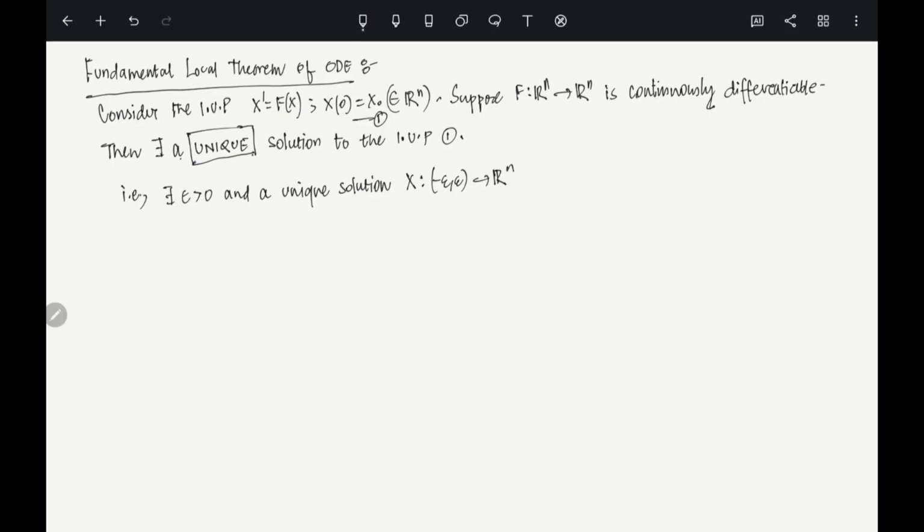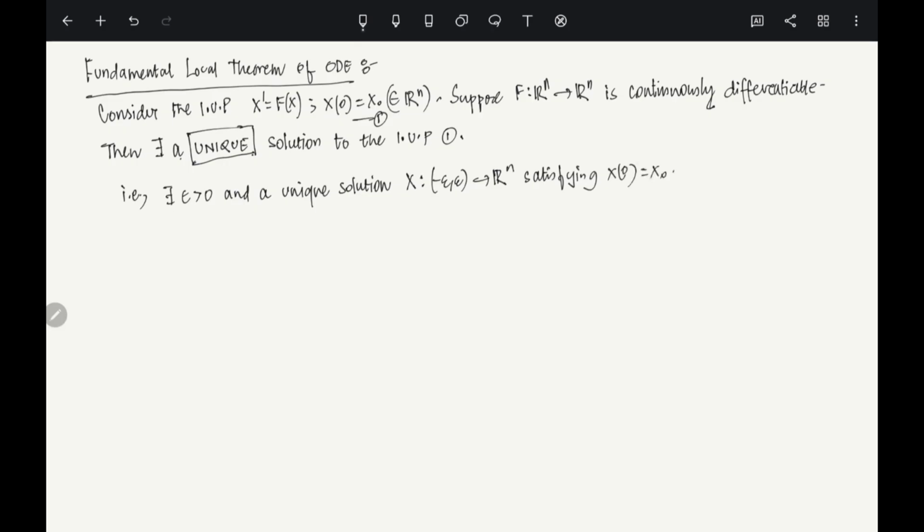What you can say is, in a small neighborhood of t, minus epsilon and plus epsilon, in a small time, there is such a curve given f is continuously differentiable. So a unique solution like this satisfying x0 equals x naught.